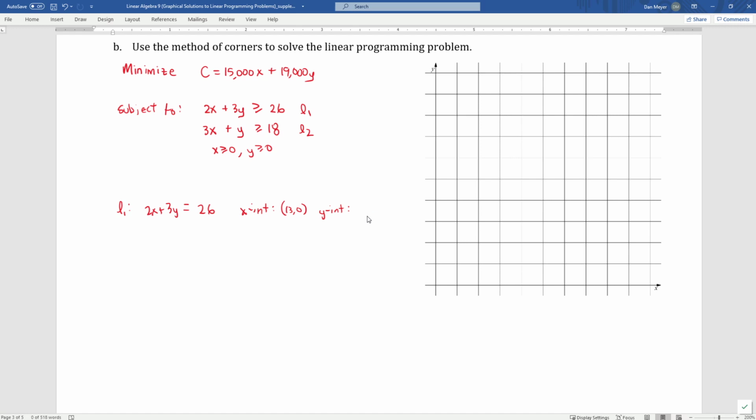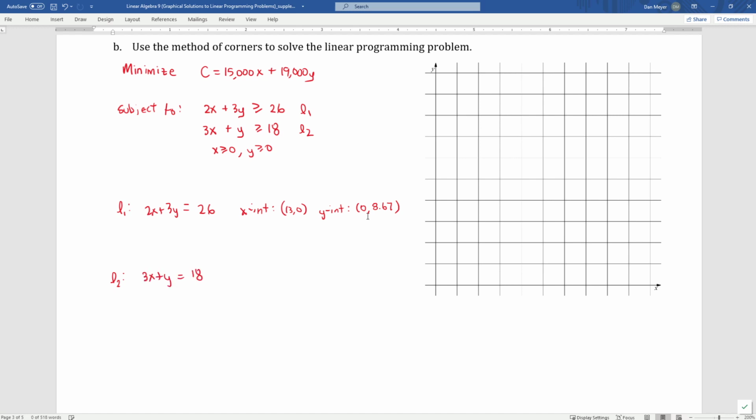It's not going to be a pleasant number, 8.67. But again, remember, when it comes to graphing our feasible region and identifying the corner points, we just need a picture that's good enough. We don't need a perfect picture. Line 2 is 3x plus y equals 18.